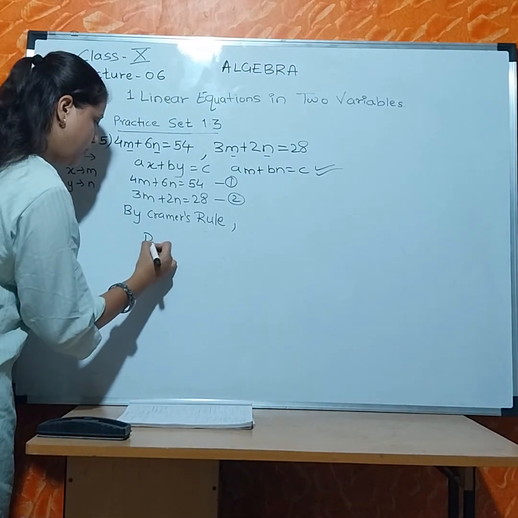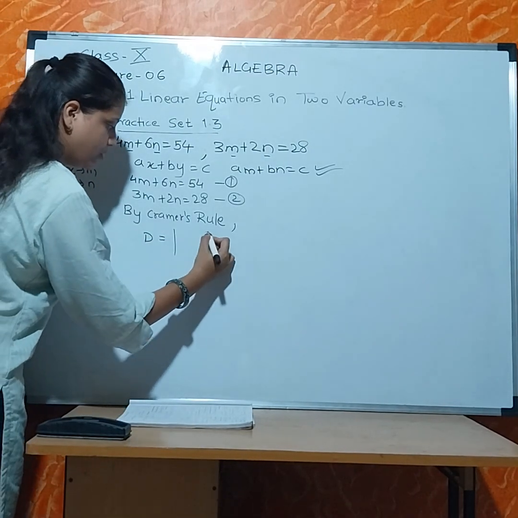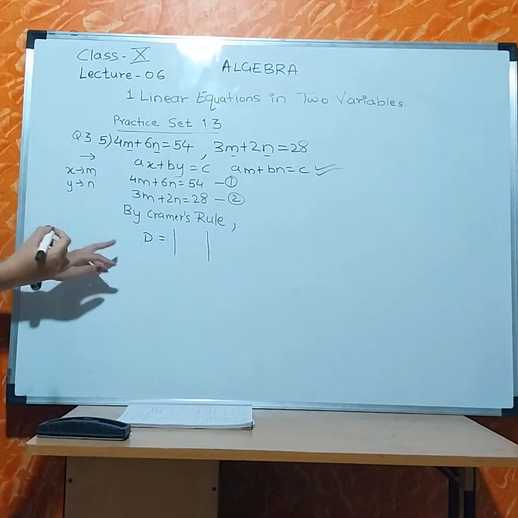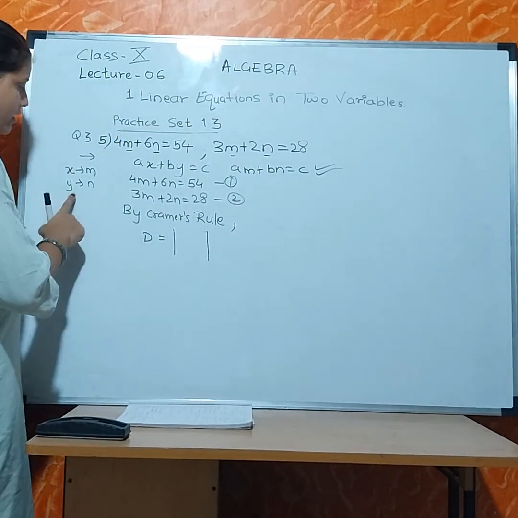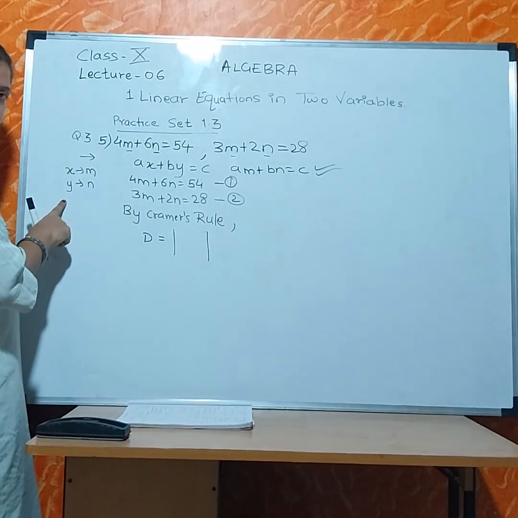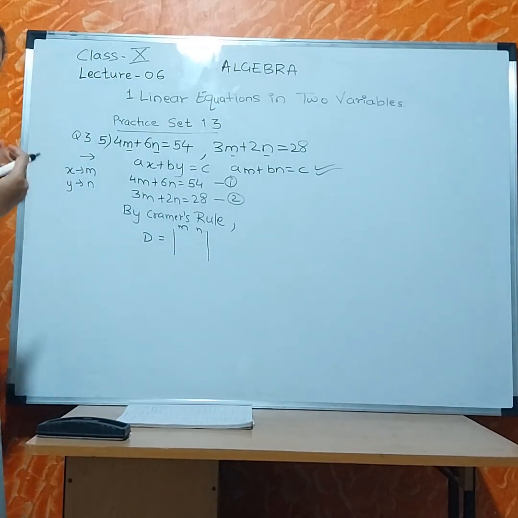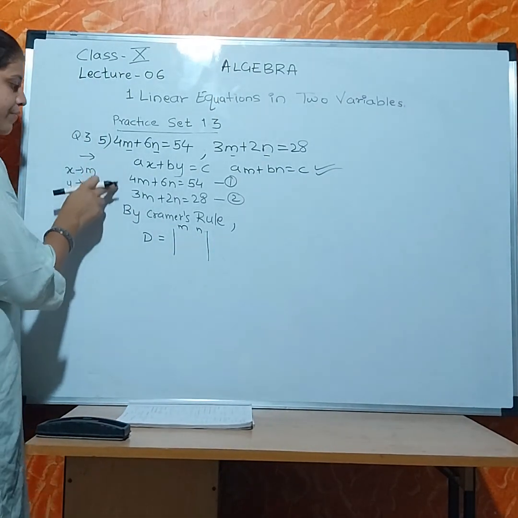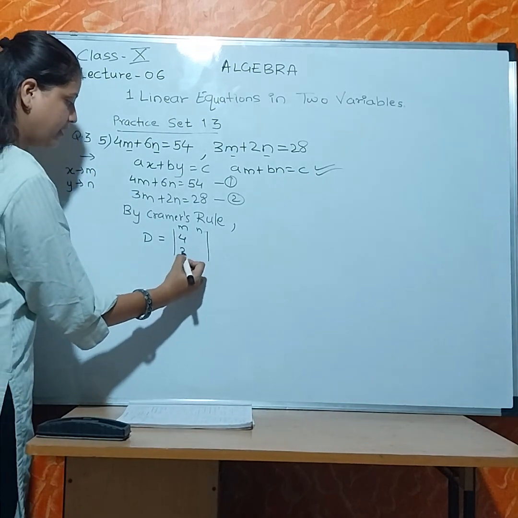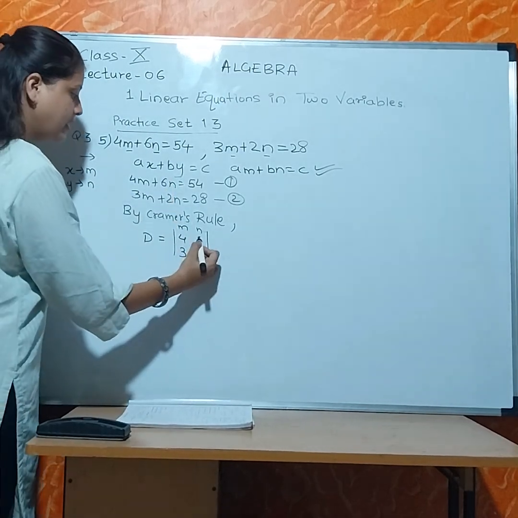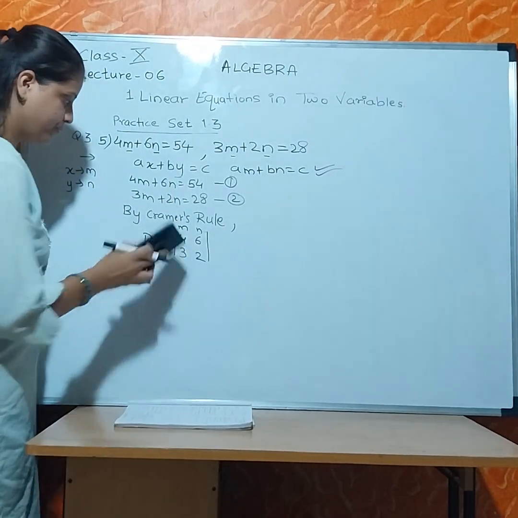Now we will solve the values of d, dx and dy. So how to find d? Now remember here instead of x and y we have m and n. So here we have to put the coefficients of m and n. So what are the coefficients of m? 4 and 3, and coefficients of n? 6 and 2.